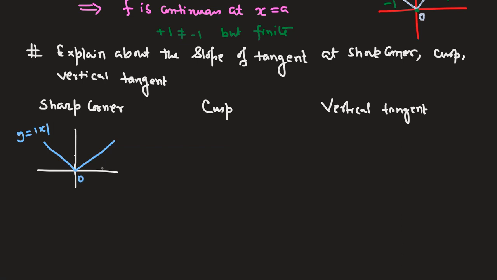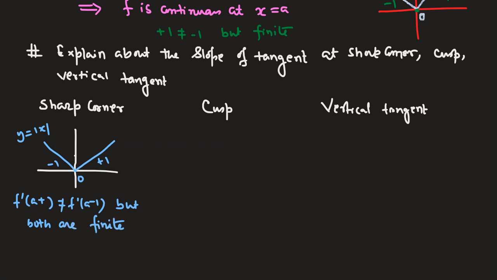So at a particular point f dash a plus is not equal to f dash a minus, but both are finite. So this produces the sharp corner on the curve.